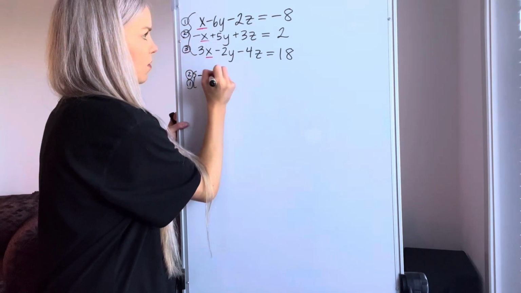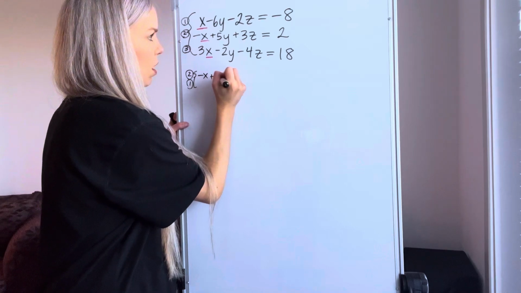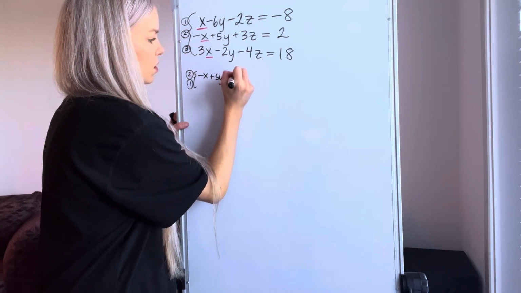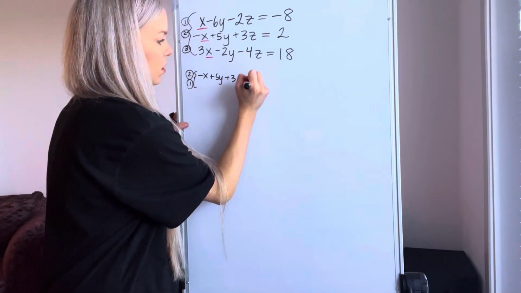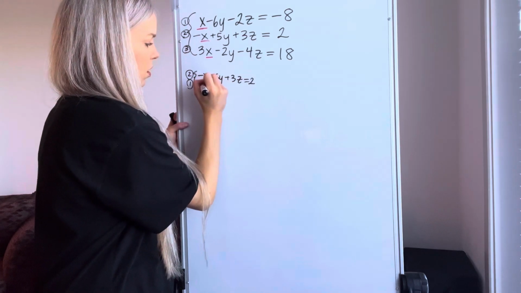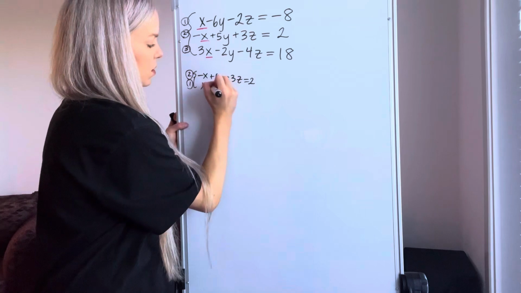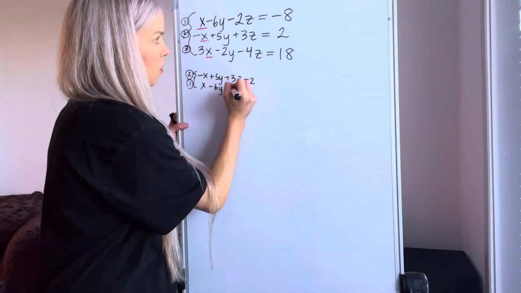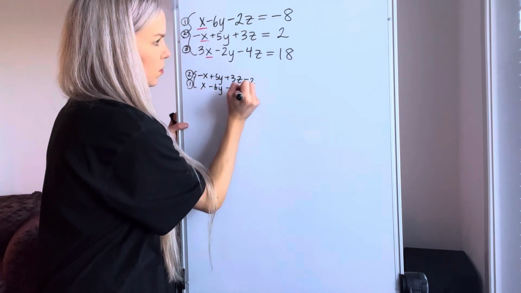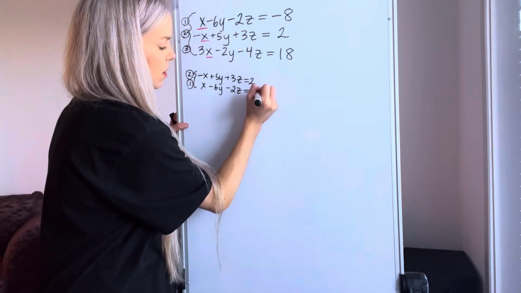I have negative x plus 5y plus 3z equals 2. And then equation 1, I have x minus 6y minus 2z equals negative 8.